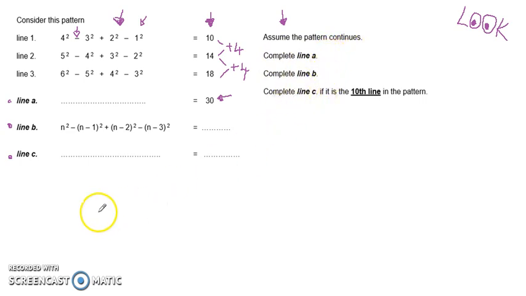Now, in order to do this, I actually continued the pattern a little while. So I went 7 squared, minus 6 squared, plus 5 squared, and minus 4 squared. And while I was practicing this, can't tell you how many times I wrote the wrong numbers.